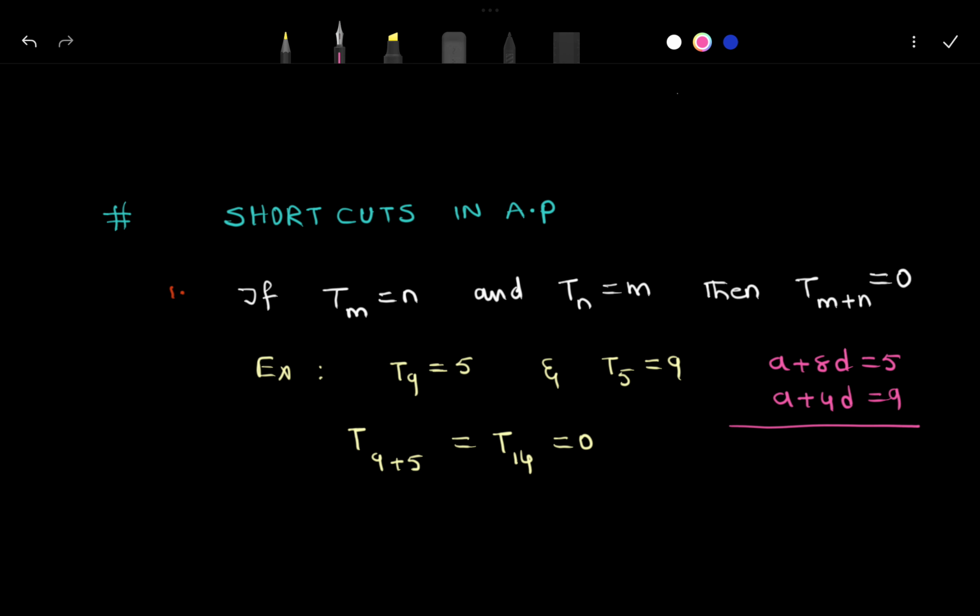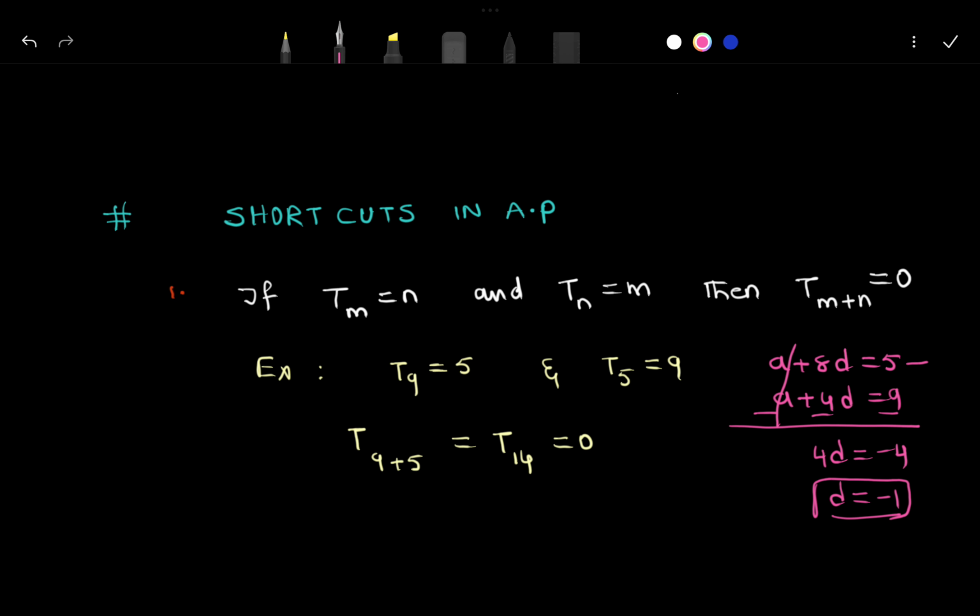Now you subtract these; A cancels, and this value will be 4D equals minus 4. So D is equal to minus 1.